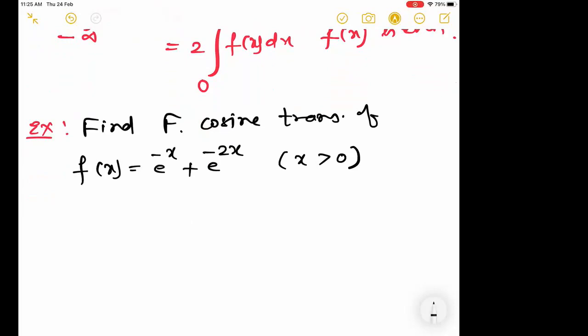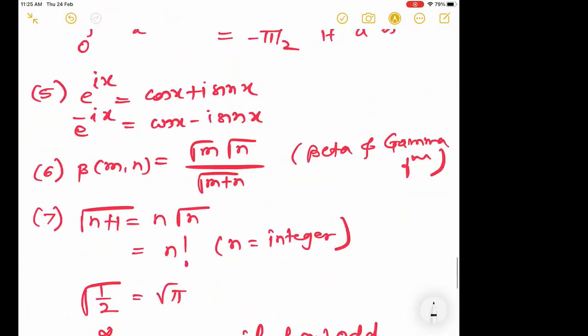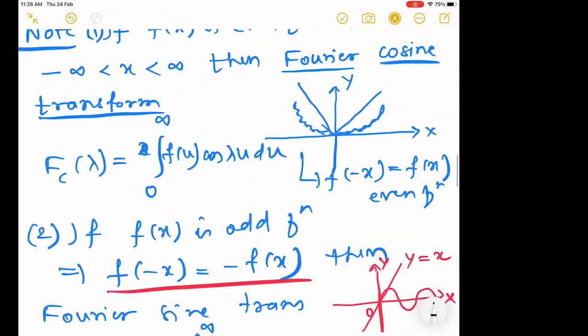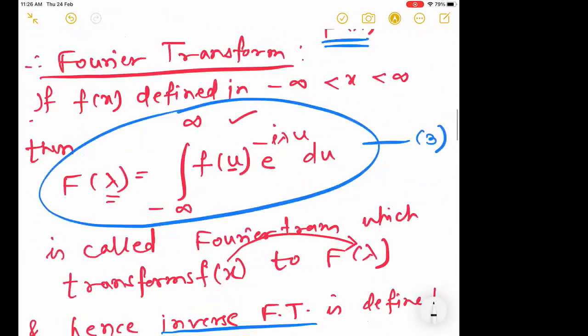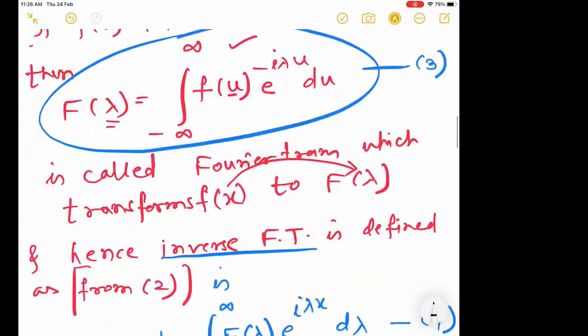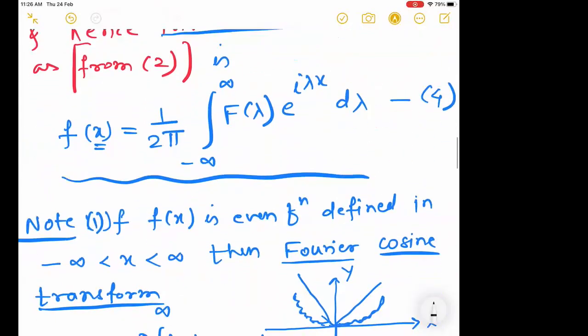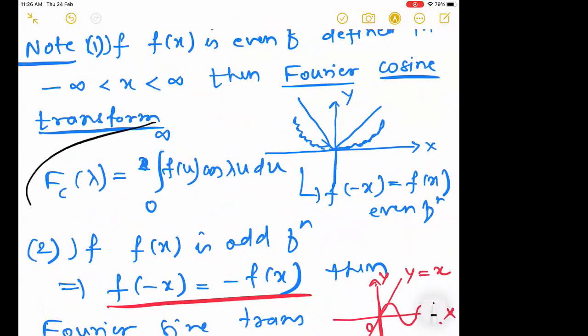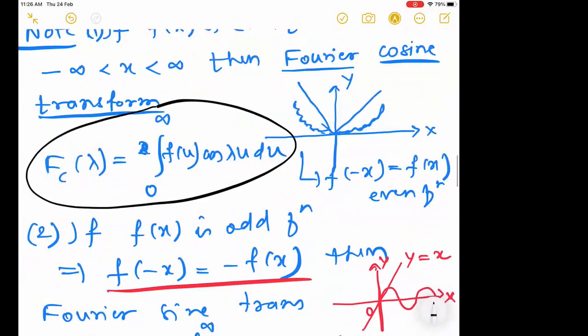So take the definition of the Fourier cosine transform, which is written in equation number 3. You have written the Fourier transform in equation number 3, then the Fourier cosine transform is written here: integral 0 to infinity f of u cos lambda u du. So F_c(lambda) is to be identified.